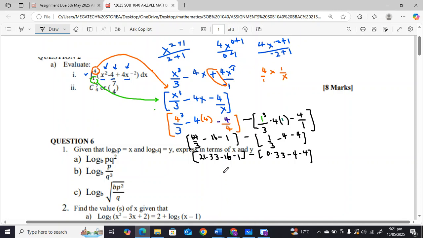Imagine if they told you no calculators in the exam. Are we getting 4.33? Then 4.33 minus 0.33 minus 4 minus 4, that gives minus 7.3.